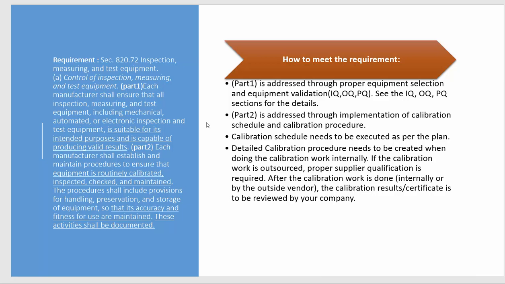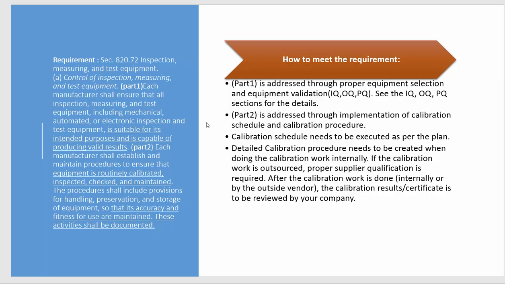Details of the calibration procedure need to be created when calibration work is done internally. If your calibration work is outsourced, you need proper supplier qualification for those outsourced companies. Most of the time, manufacturing companies, even life science companies, outsource calibration work to service providers.